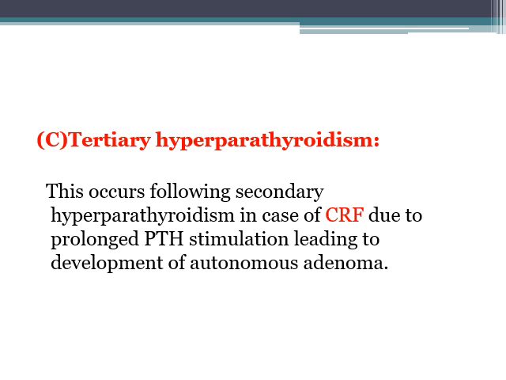Secondary hyperparathyroidism occurs in cases of chronic renal failure or malabsorption due to hypocalcemia, which causes feedback increase in parathyroid secretion from the parathyroid gland. This long-standing secondary hyperparathyroidism will lead to the development of autonomous adenoma in the parathyroid gland and become tertiary hyperparathyroidism.